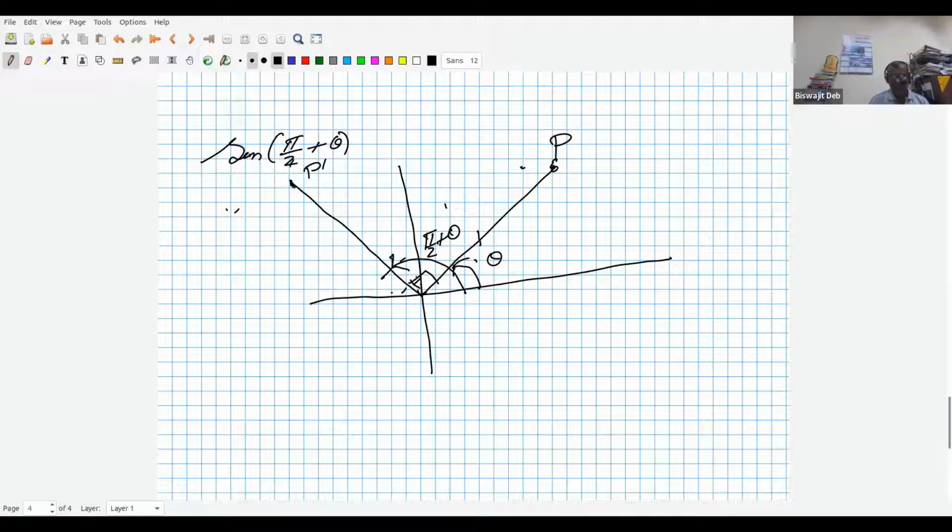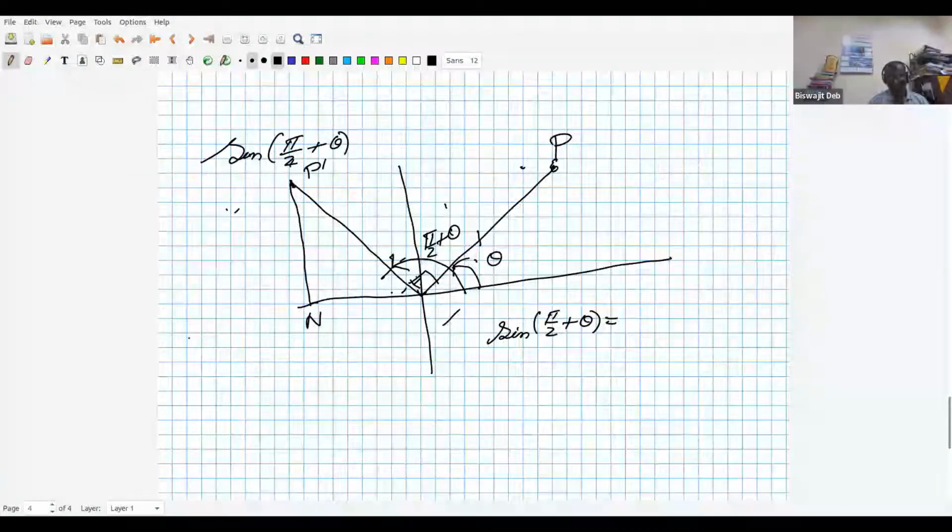So again, using the definition, I have to draw a perpendicular from P dash to the x-axis. So this is going to be my n. Then what is sine of pi by 2 plus theta? For this angle, OP dash is the hypotenuse, P dash n is the perpendicular. Let us call it P dash n dash instead of Pn, and On dash is the base.